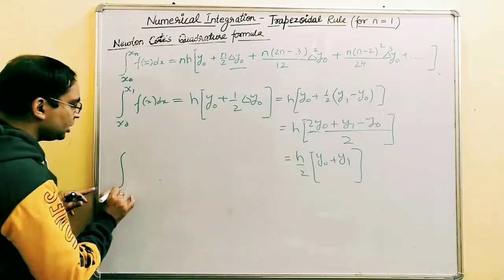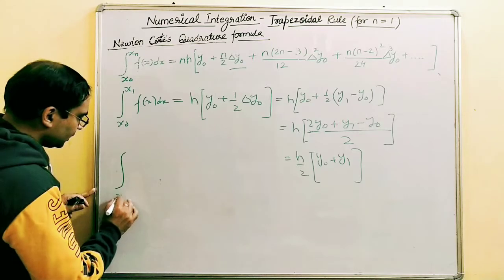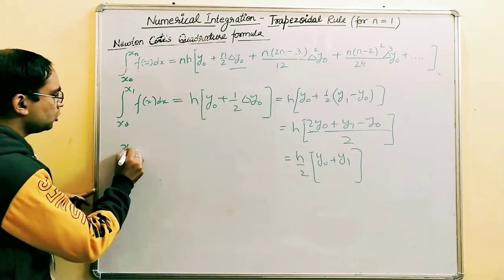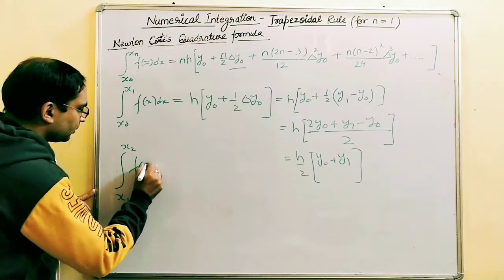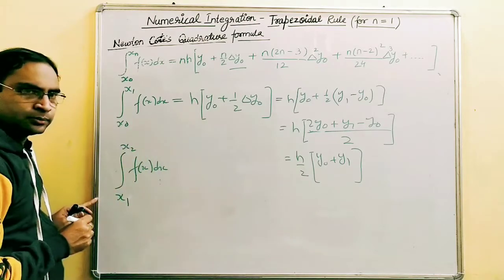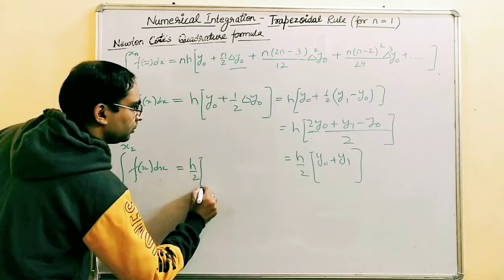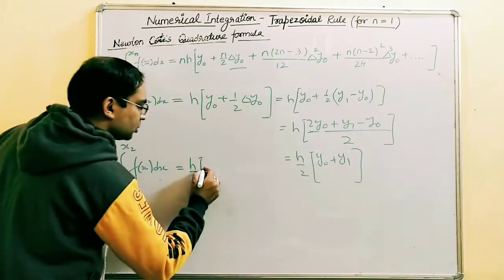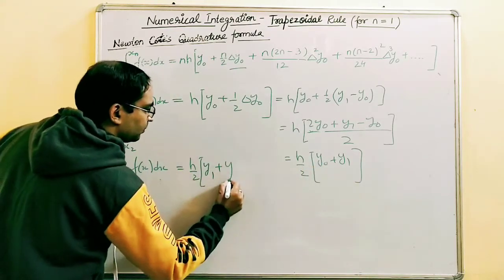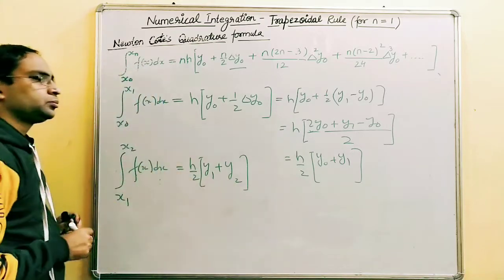Similarly, if we take the next subinterval, this will be from x1 to x2 of f(x) dx. This will be h upon 2, and now we'll increment this, so this will be y1 plus y2.